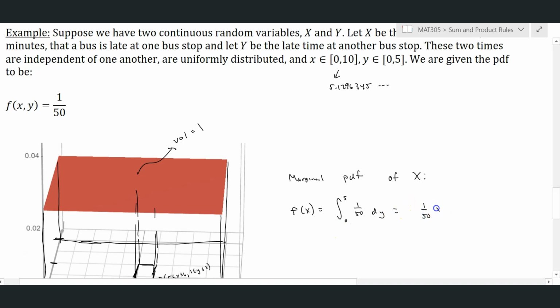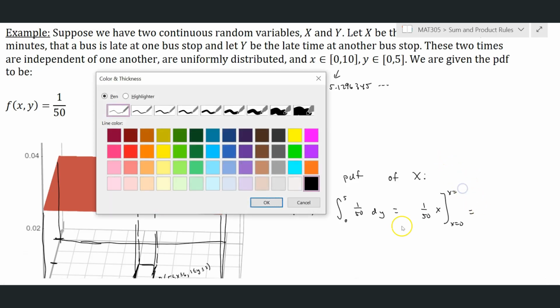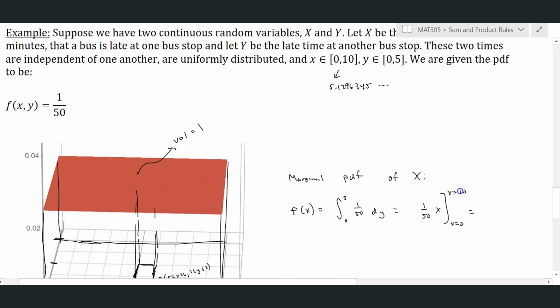Get 1/50th x evaluated from x equals 0 to x equals 50. And we know that that's not 50, excuse me, 10, from x equals 0 to x equals 10. And not x. We want to do the value of y, my mistake. Let's try that again. We want to integrate across y, and so that means y will go from 0 to 5.